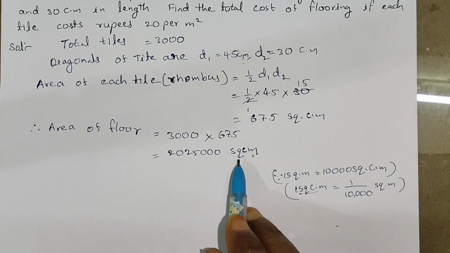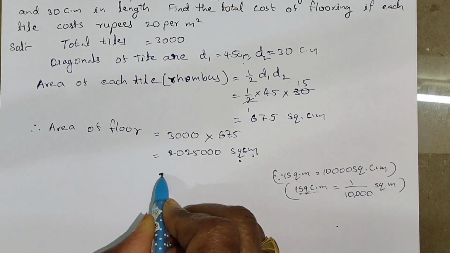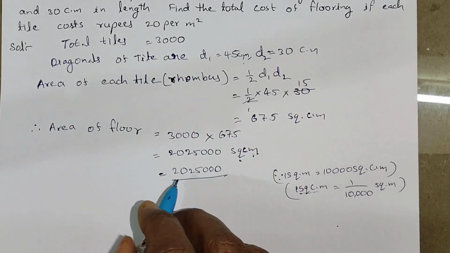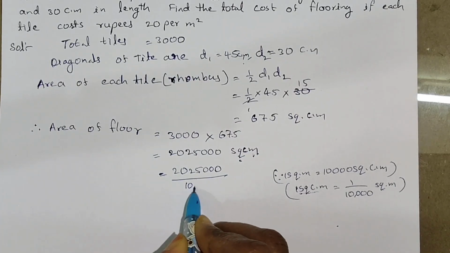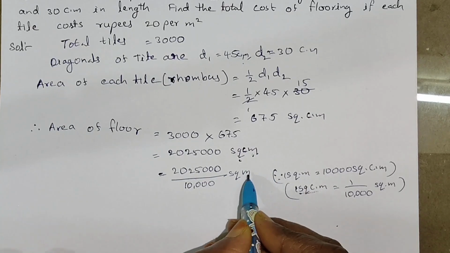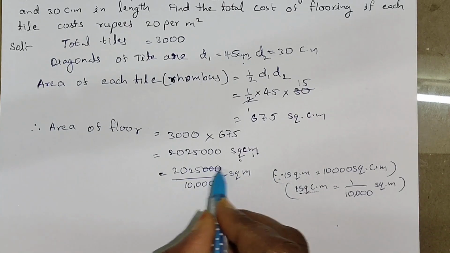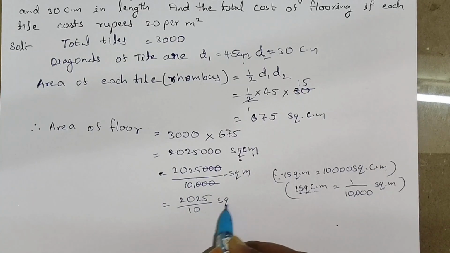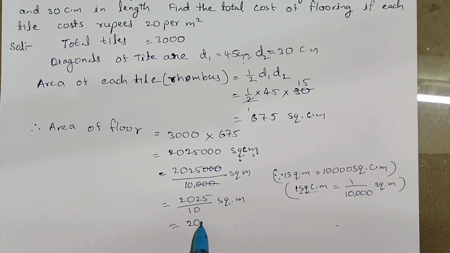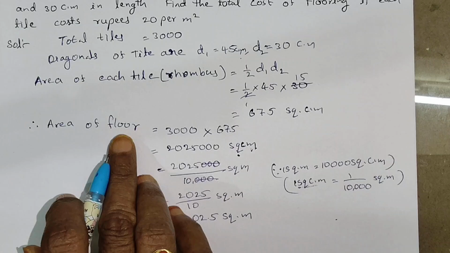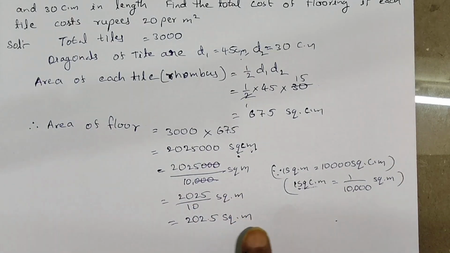So 202500 square centimeters equal to 1 by 10,000 square meters times that. Now centimeters is converted into meters. So these three zeros get cancelled. 2025 by 10 square meters, 202.5 square meters. So this is the area of the floor, converted into meters.